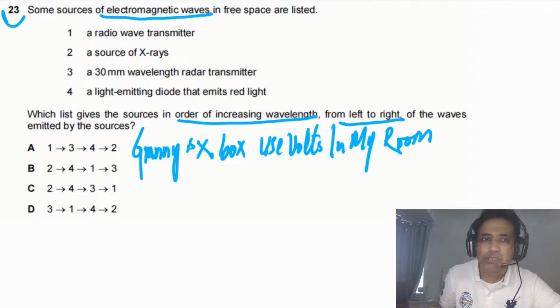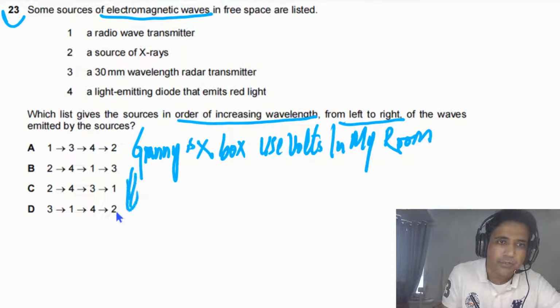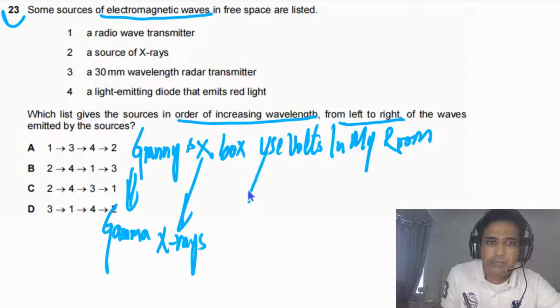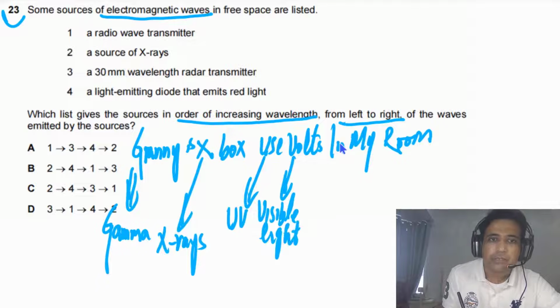In this case we have G for gamma, so these are gamma radiations, X for X-rays, U for UV light, and V for visible light. Visible light consists of 7 colors.